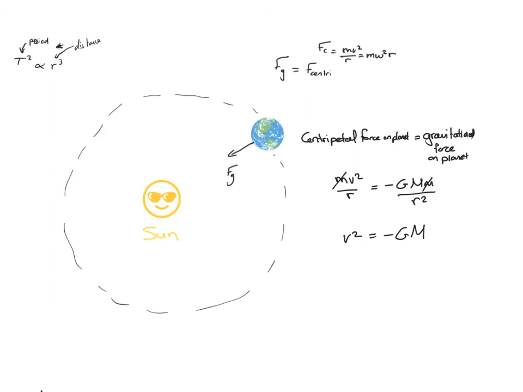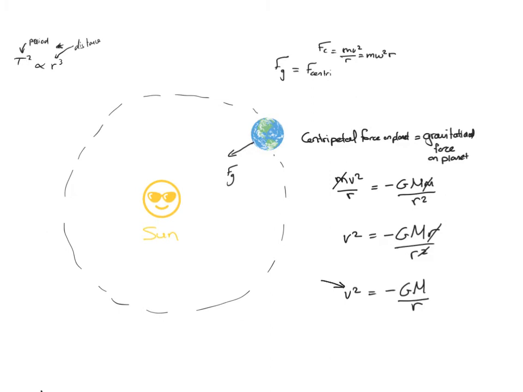I multiply both sides by r, which will mean this and that cancel, so v squared is equal to minus GM over r. Now this is one of the equations I can use to even calculate the speed, but we are interested in an expression that links period and radius together, so the distance from the sun.